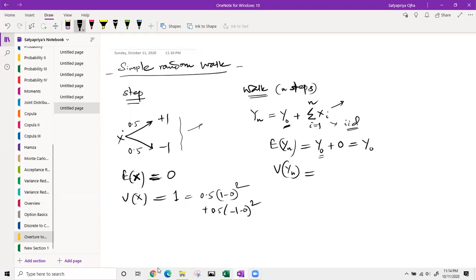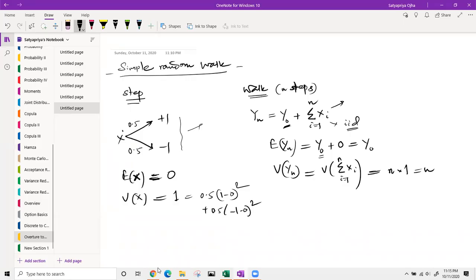There is no dependence on the current location or how I have taken steps in the past. It's all independent. If it's independent, then the variance of this would be just the sum of individual variances, which is n times 1, that is n.